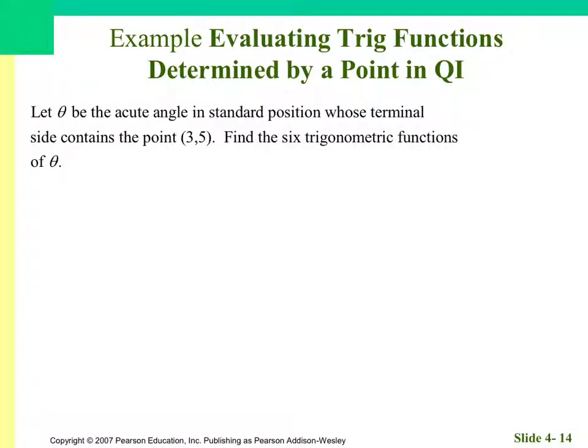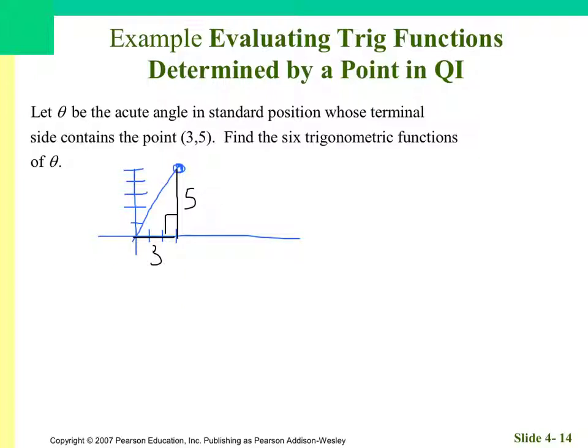It says, let theta be the acute angle in standard position whose terminal side contains the point (3, 5). Find the 6 trig functions. So, first thing I look at: I know this is 3, this is 5.